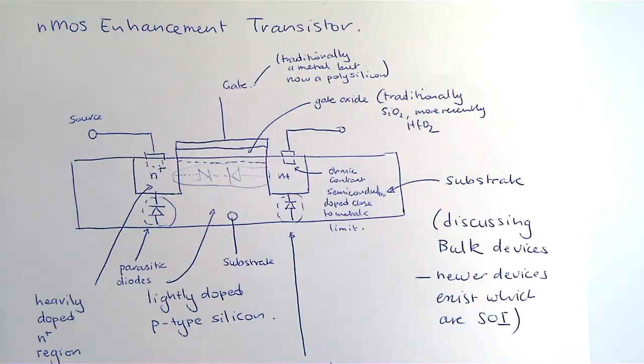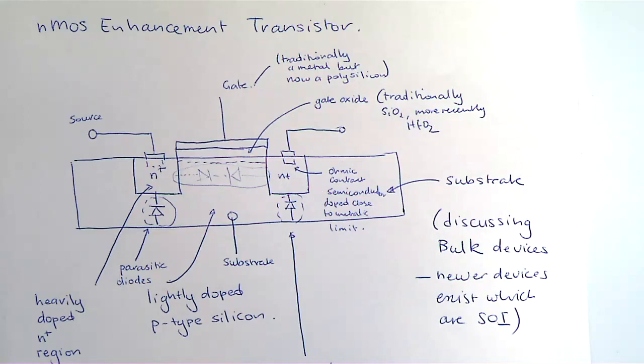That's fine, that's when you've got a PN junction. But somehow I've made this lightly p-doped silicon. I'm trying to build a model here, I'm trying to build a transistor.